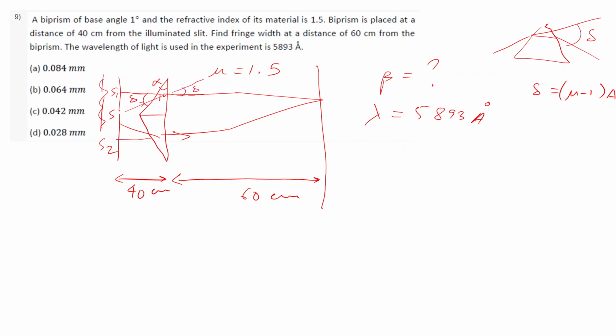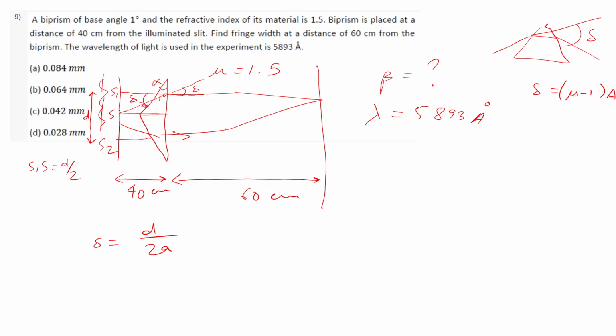If I look at this particular triangle with S1 and S, the distance between the two virtual sources is d, so the distance of S1 and S will be d by 2. This is 40 centimeter, and the angle here is delta.